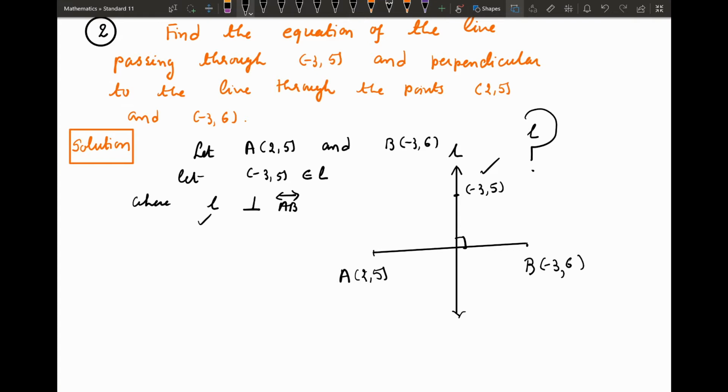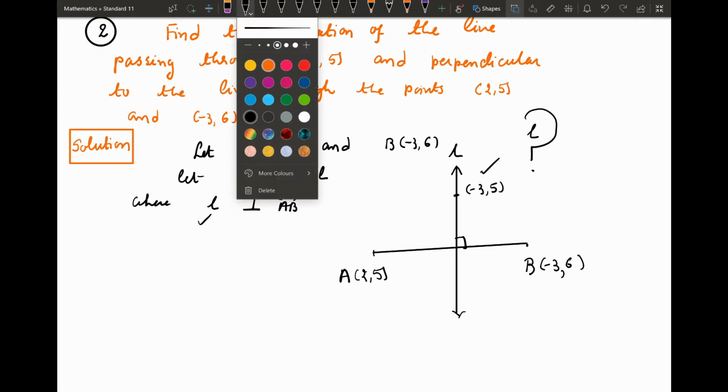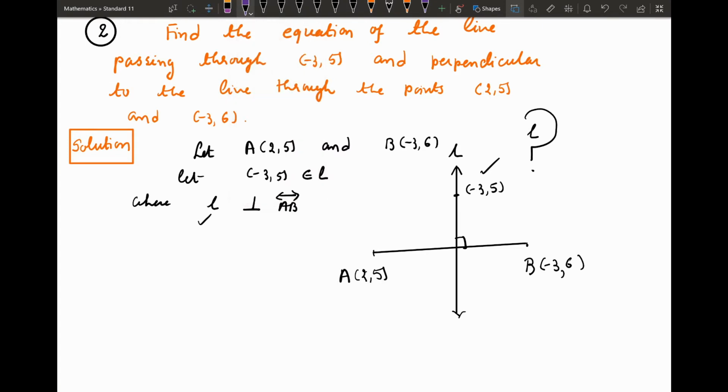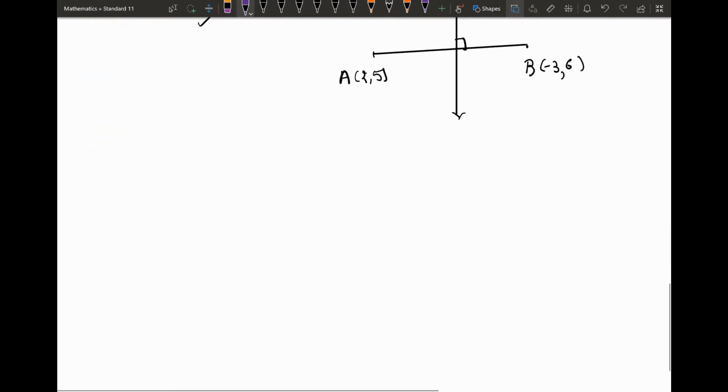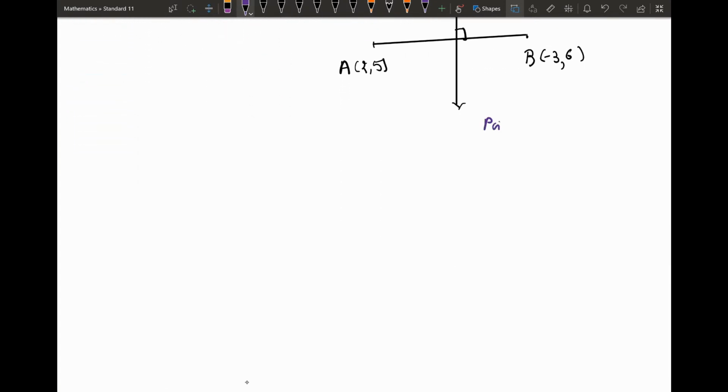Once we get the slope of AB, since L is perpendicular to AB, we can get the slope of L. The point is already given, the slope we will find, and then we will use the point slope form, which is y minus y1 equals m into (x minus x1).